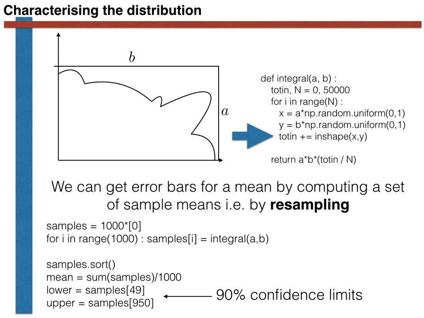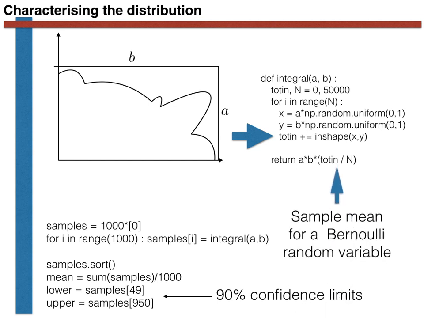In terms of getting something cheaper, we can make progress by recognizing that this quantity here, tot in over n, is the sample mean for a Bernoulli random variable. Each pair of random variables is either under the curve or not, and thus this quantity that is added to tot in each time we go through the loop is either 1 or 0.